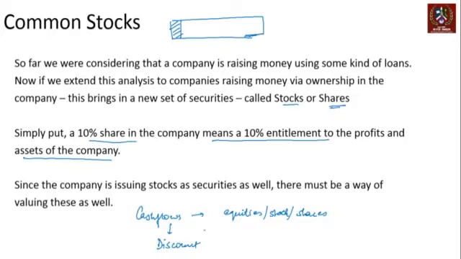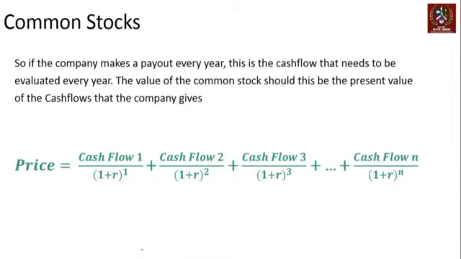All we are bothered about is what cash flows come out of it and what is the expected return out of that security, based on which I should arrive at a particular price that someone should be willing to pay as a buyer of this particular security, right? So practically speaking, if the company makes a payout every year, this is the cash flow that needs to be evaluated every year, that will accrue to the shareholder, right?